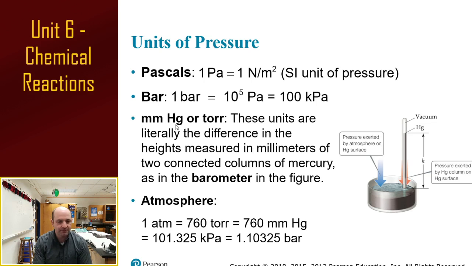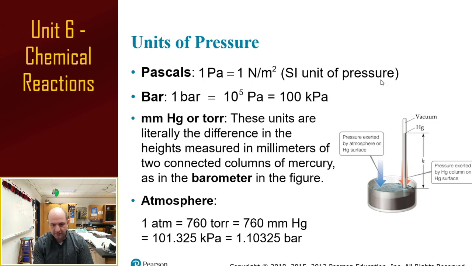In the case of millimeters of mercury, it is literally the height of a column of mercury. In a glass tube that's been evacuated, how many millimeters does the mercury get pushed up? And so that's how barometers were created, by an Italian scientist named Evangelista Torricelli. That's where torr comes from, Torricelli.